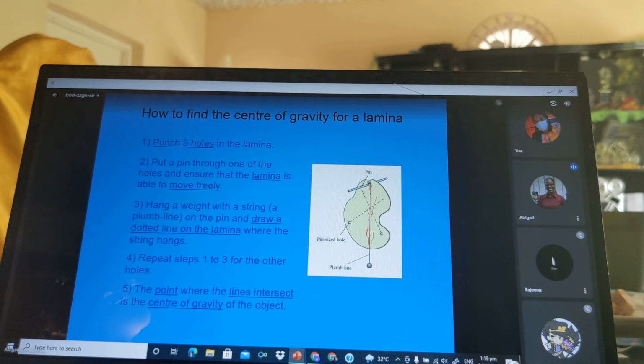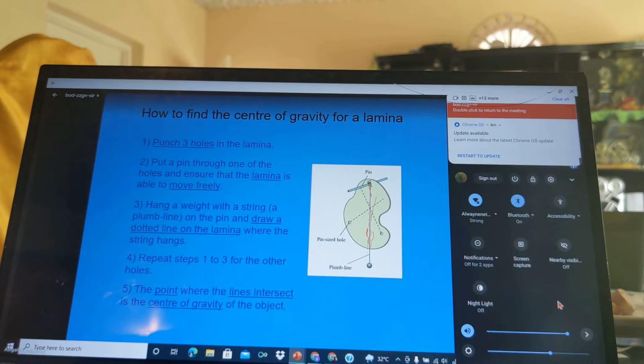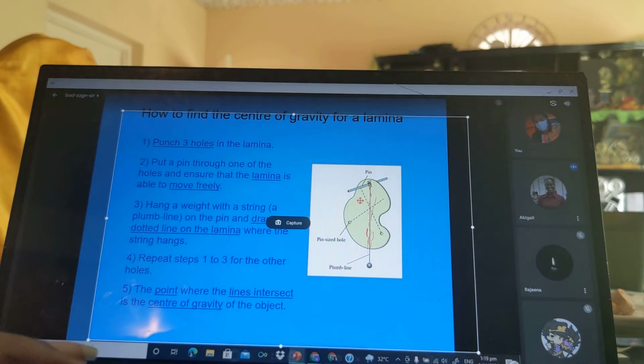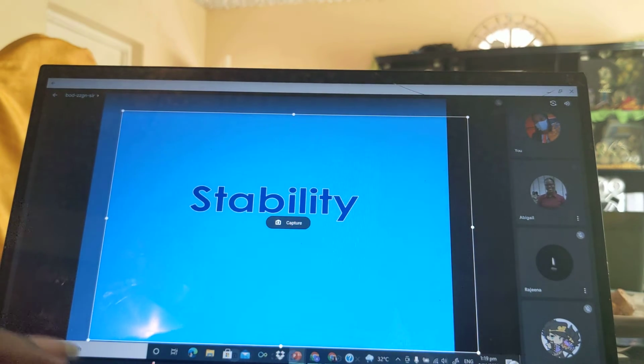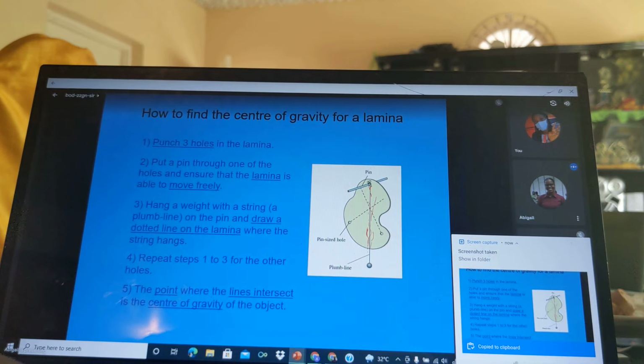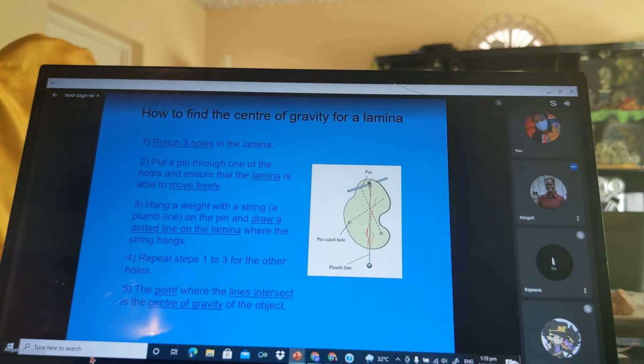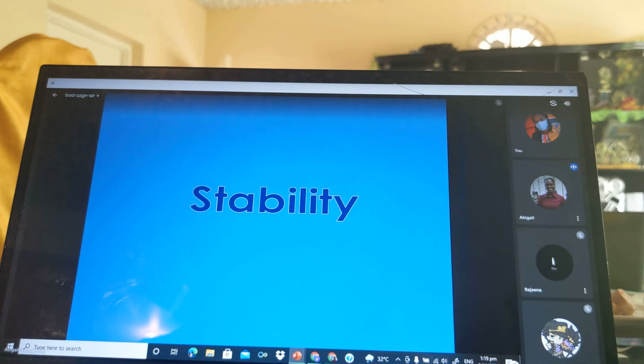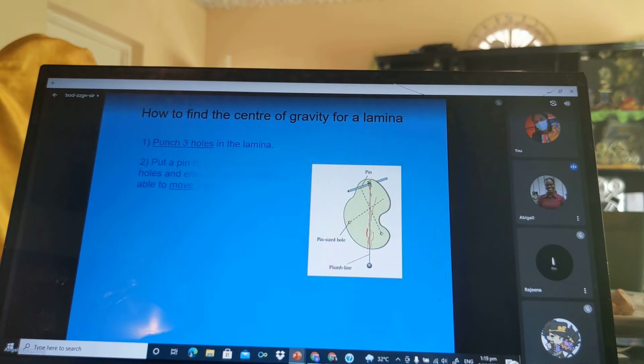And you will realize that where the lines intersect will be closer to the heavier part of the object, because what it's trying to do is really balance out. You're going to get a lot of practice on this, so you don't have to worry. You see that, yes, this is where it actually balances out. But anyways, that is basically how we find the center of gravity.